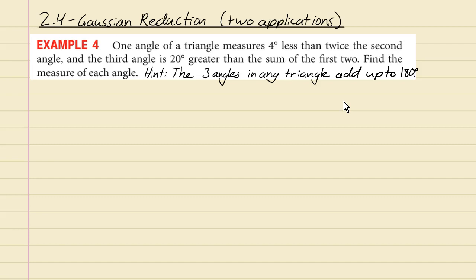To solve it, we're going to use the facts they give you plus this fact that I'm telling you about triangles to put together some equations. In order to do that, we first need to define the variables in those equations. The first unknown quantity is the one angle, so let's say x equals that one angle, and we're using degrees here for the units.